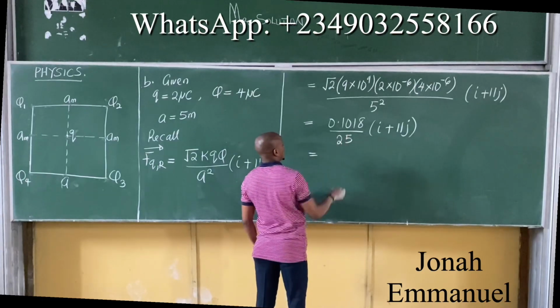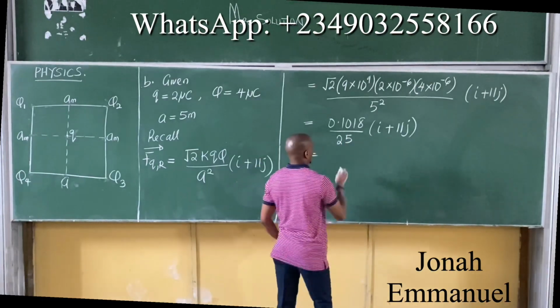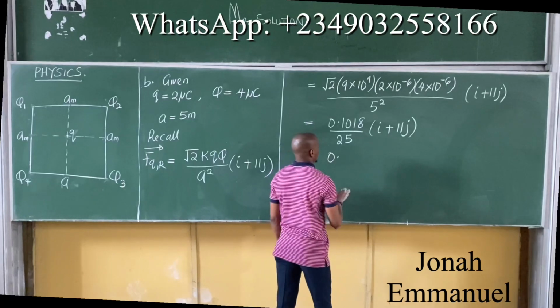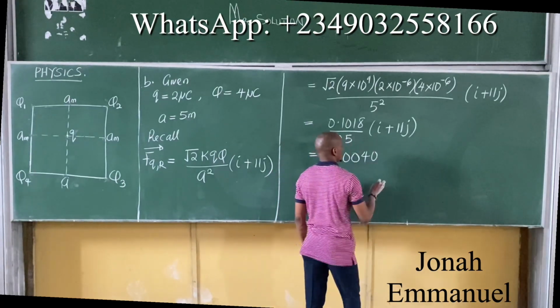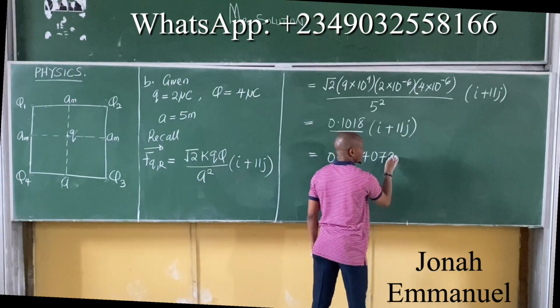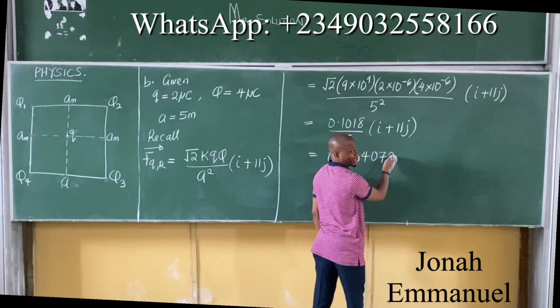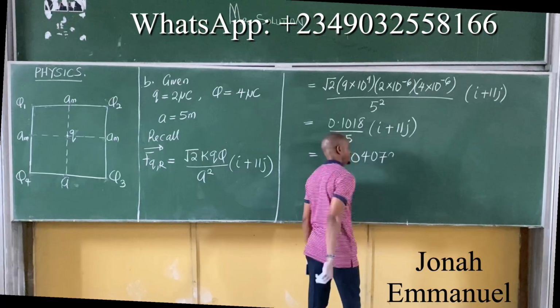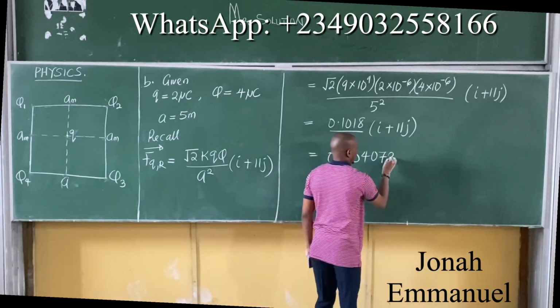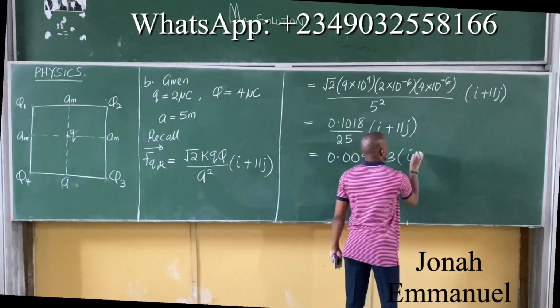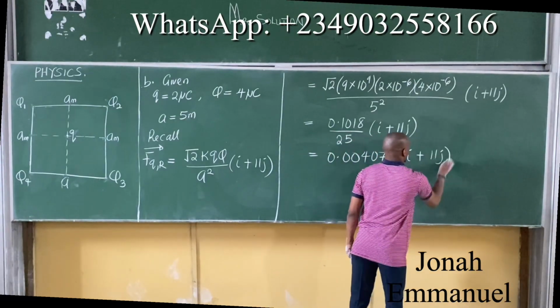Please give me this one here. What do you have? 0.004072, approximated to 3 places.